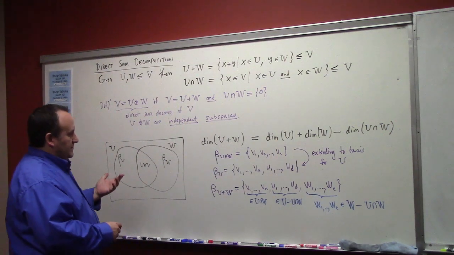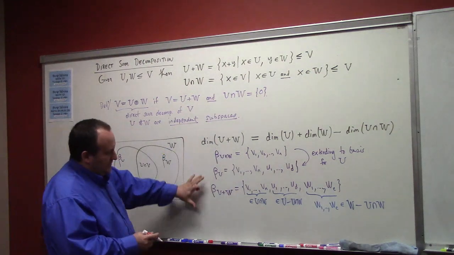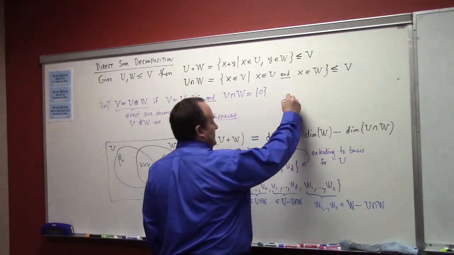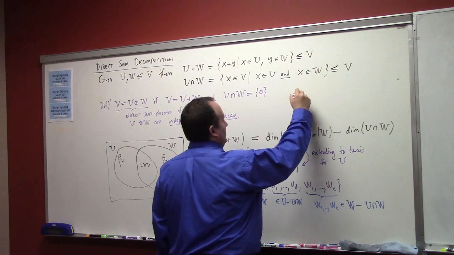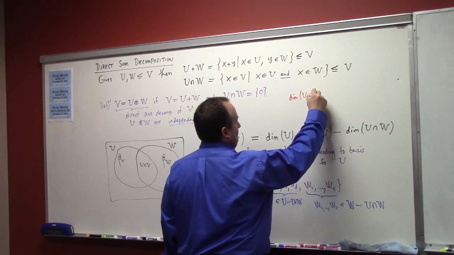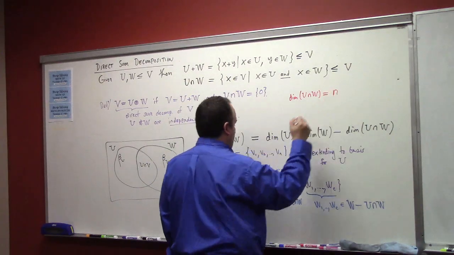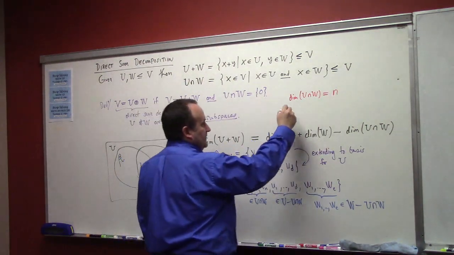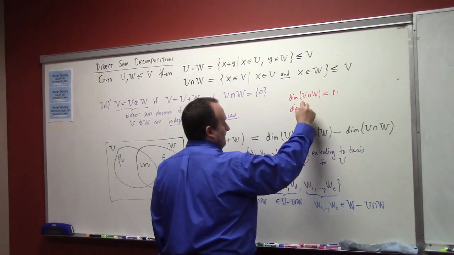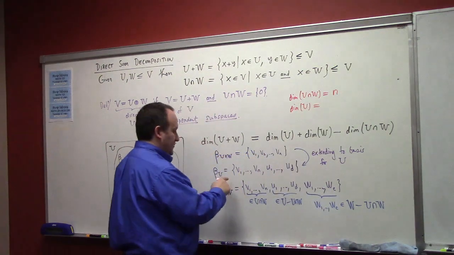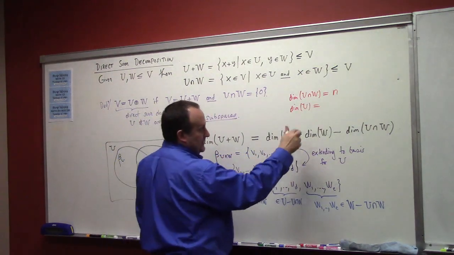What's the dimension of U intersect W in this notation? n, right? The dimension of U would be n plus d.